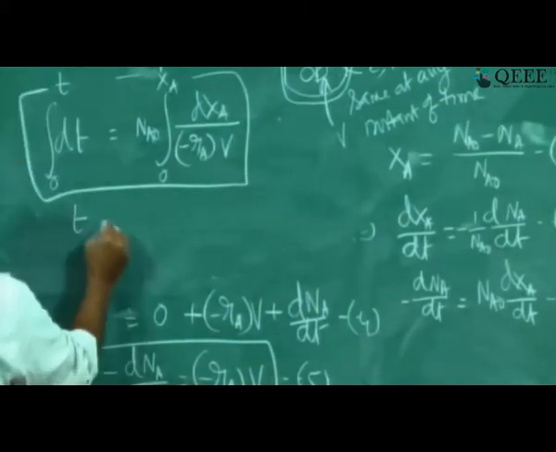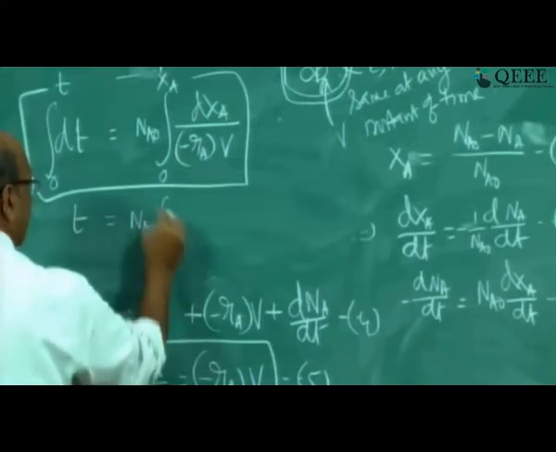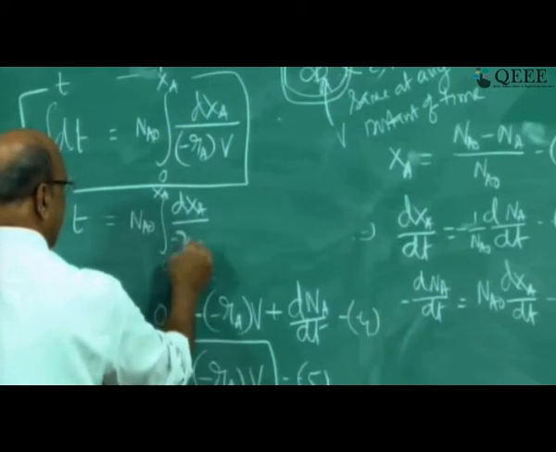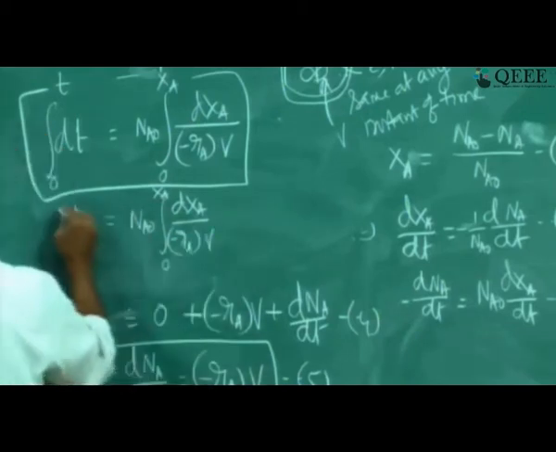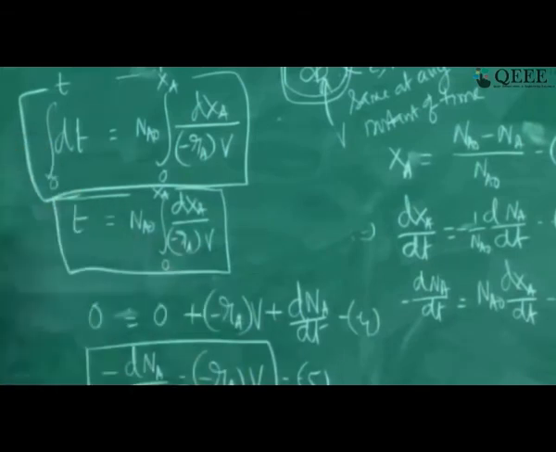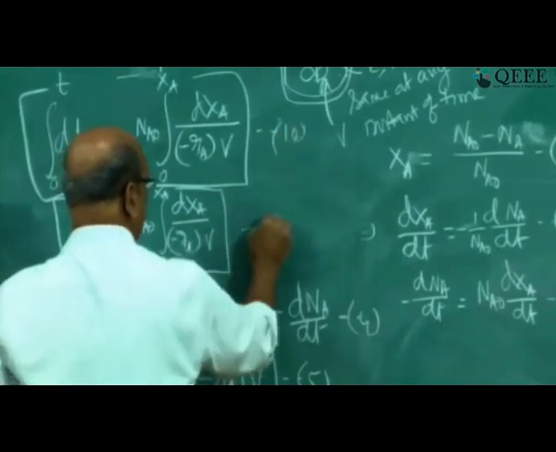After integration you get t equal to NA0 integral from 0 to XA of dXA by (-RA into V). This equation number may be 10, and this is 11.